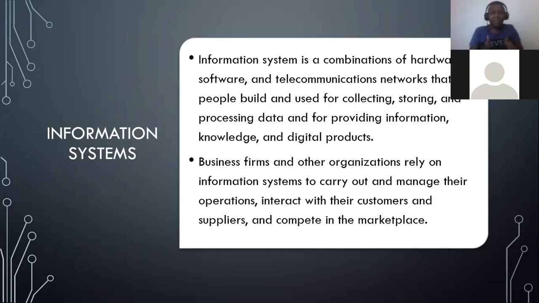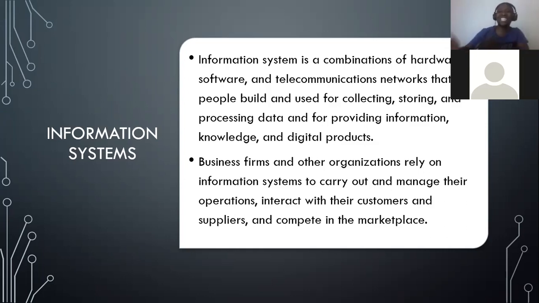So when we are talking about information systems, it's a combination of three, right? There must be a hardware, and on that hardware you can install software, right? But for it to communicate now, because remember, sometimes people need to communicate within departments or across organizations, you need a network.